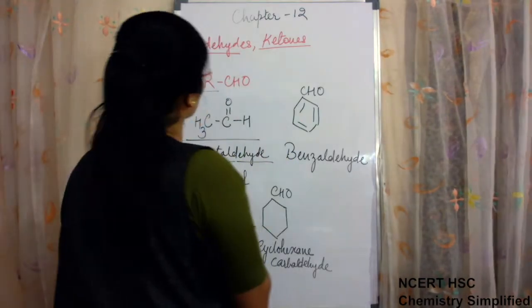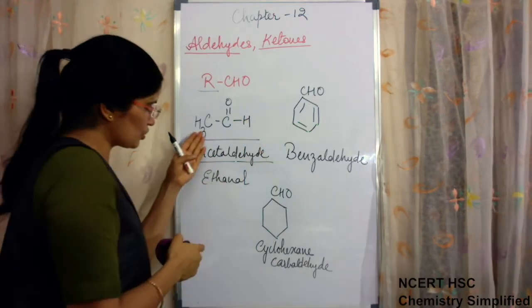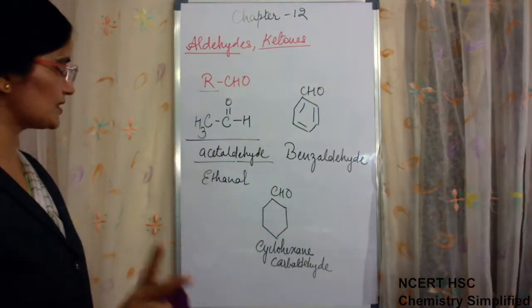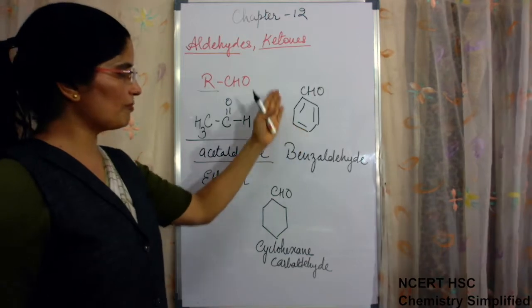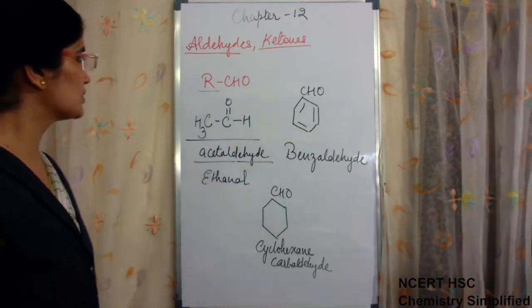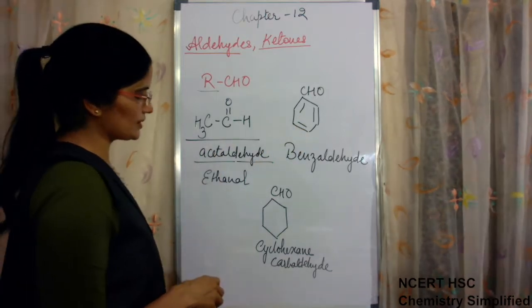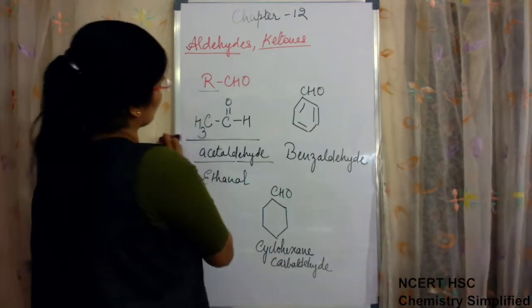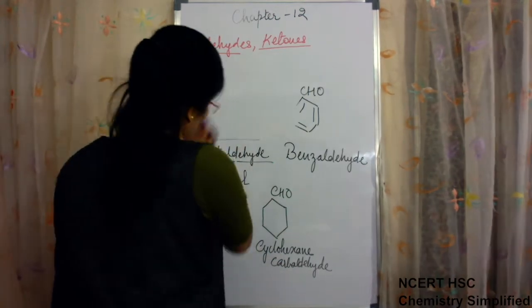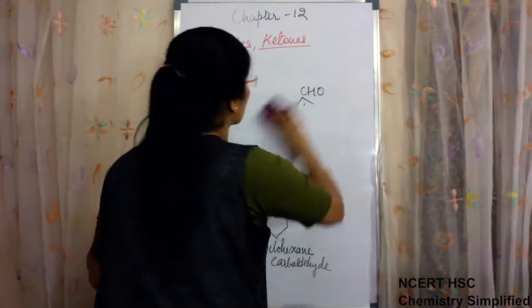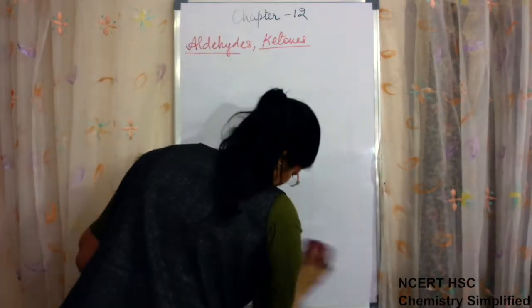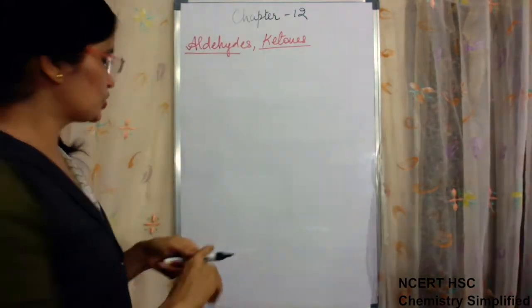Now, the properties of this and this are going to be the same. The properties of benzaldehyde will be different from acetaldehyde and cyclohexane carbaldehyde. After this, we talk about ketones.